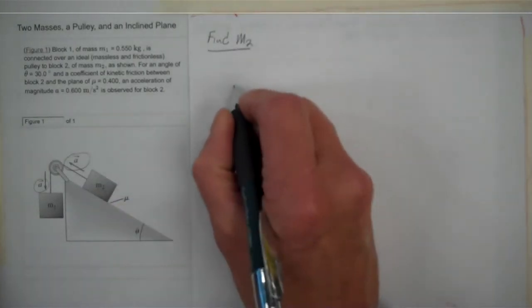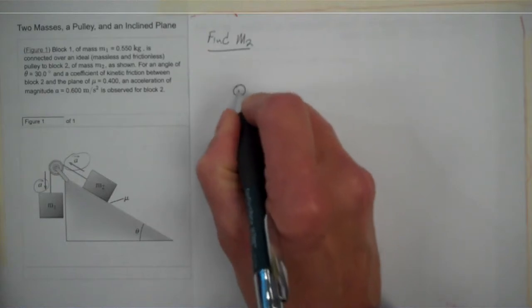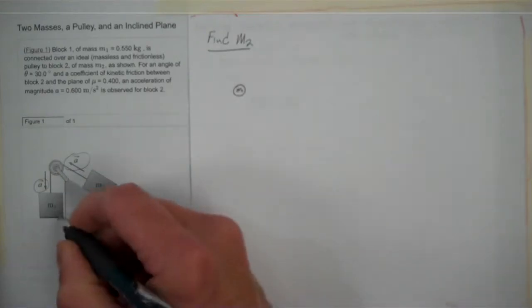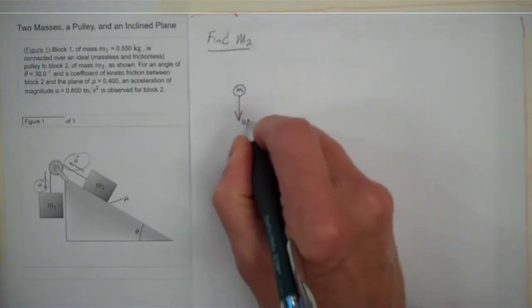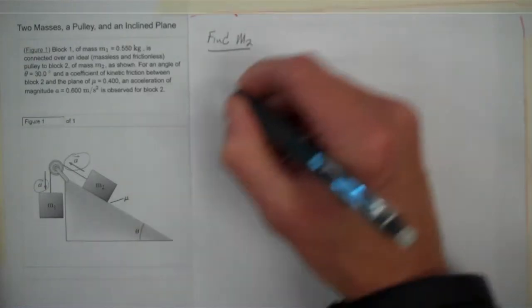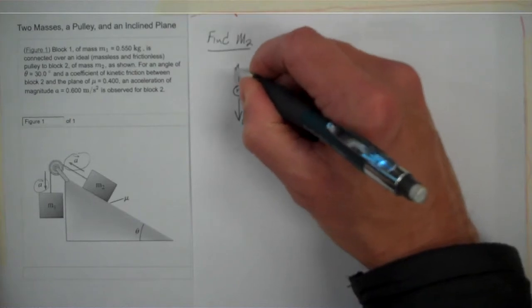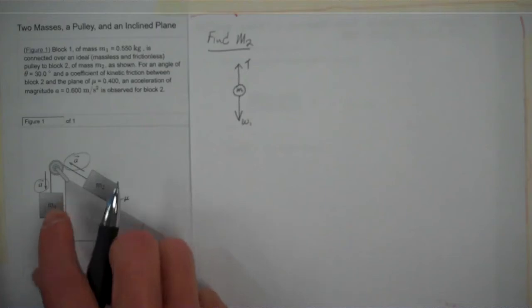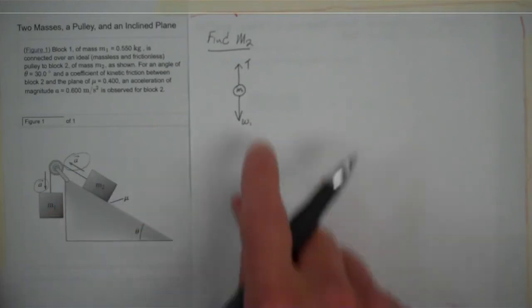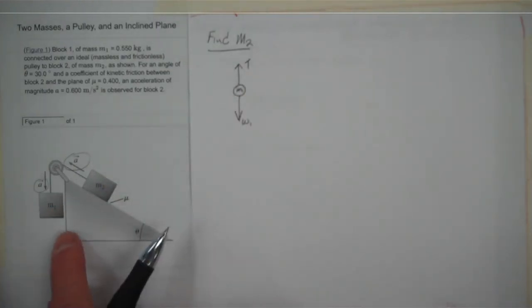So for M1, there is gravity down, so we'll call that W for 1. The rope is touching it, so the rope is pulling up. There's a tension. There's only one string, one rope, so there's going to be one tension throughout.